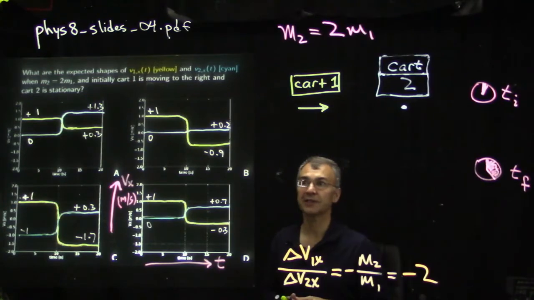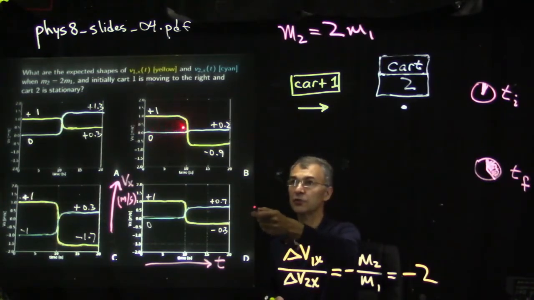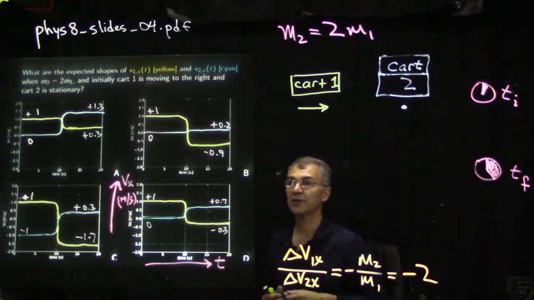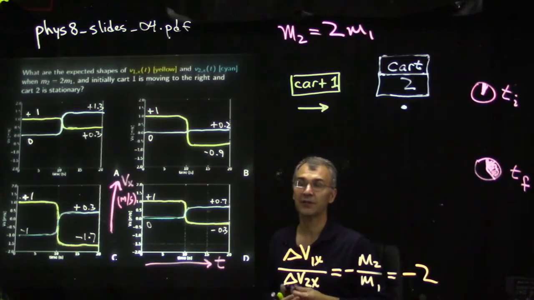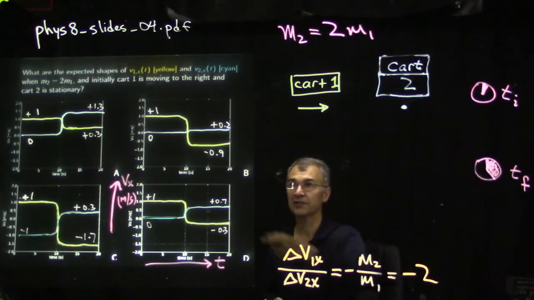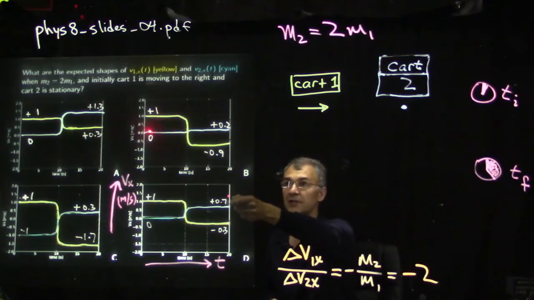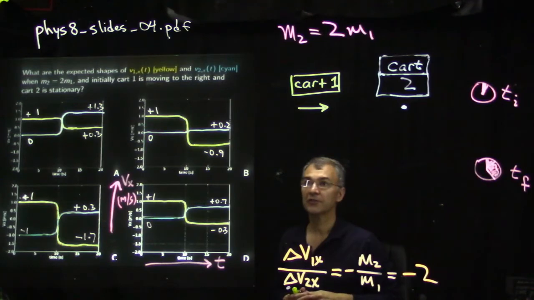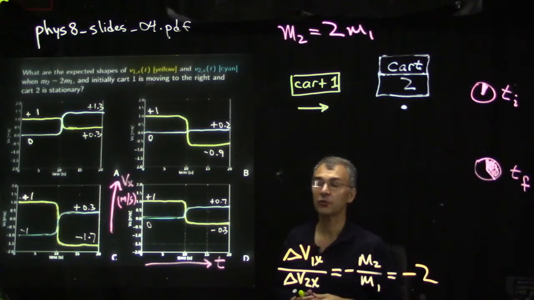Let's look at B. So it seems like cart 1 goes from +1 to -0.9. That's -1.9 meters per second. Cart 2 goes from 0 to +0.2. So that's kind of like a 10 to 1 ratio of change, right?